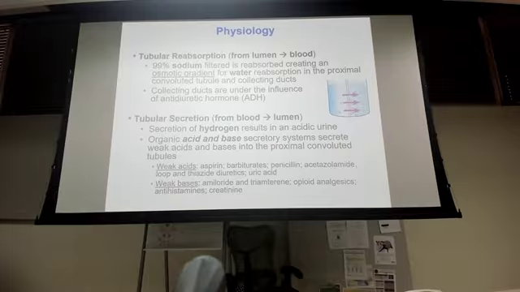Secretion, blood to lumen, secreting from the blood to the kidney, and then out of your body eventually. Certain drugs like the loops and the thiazides will use the organic acid secretory system. I think we hit on it, but this is in the proximal tubules. That organic acid secretory system is saturable.